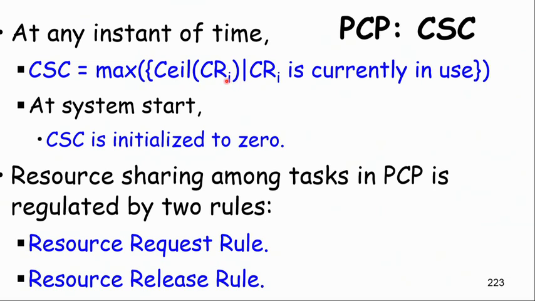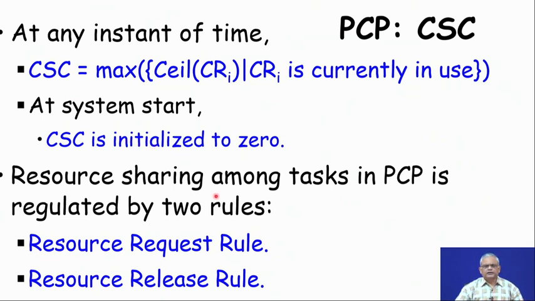So, if CR is the set of resources that are currently being used, then the maximum of the ceilings of CR becomes the CSC. If there are 2 resources, let us say R1 and R2, the ceiling value of R1 is 5 and the ceiling value of R2 is, let us say 2, and 2 is higher priority, then if both resources are being used, CSC will be set to 2. At the start of the system, the CSC is initialized to 0.